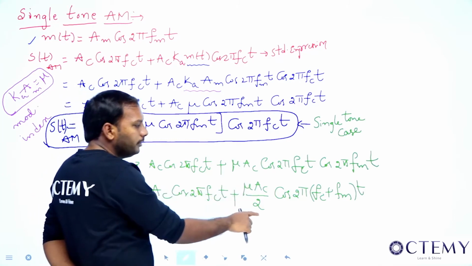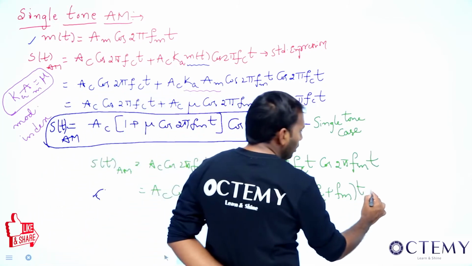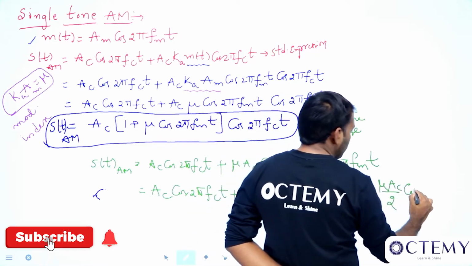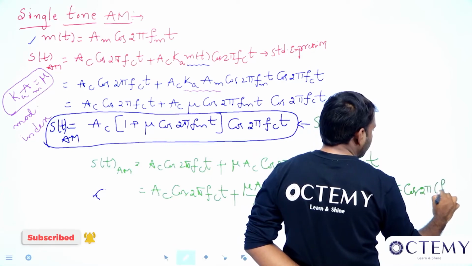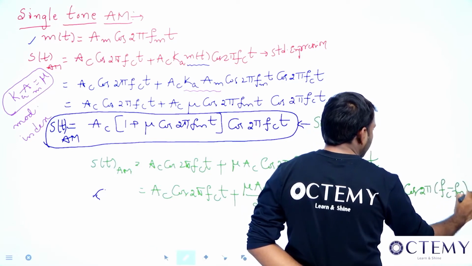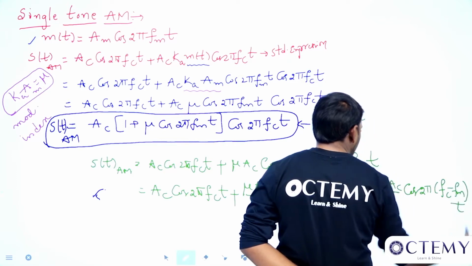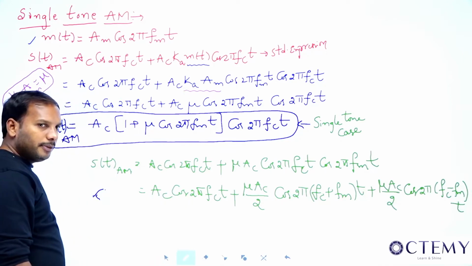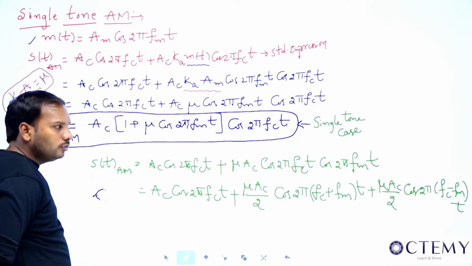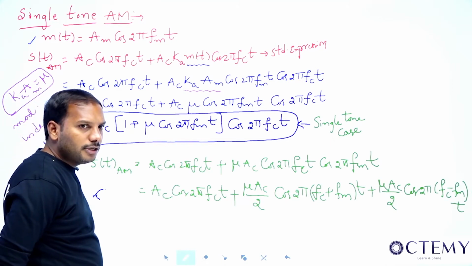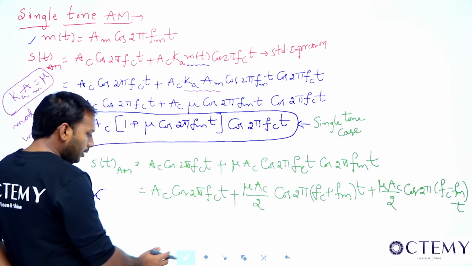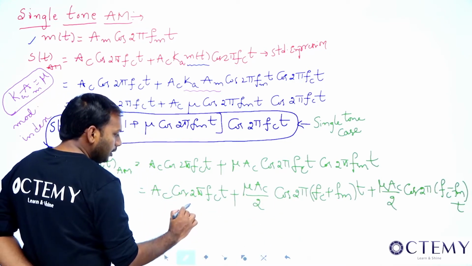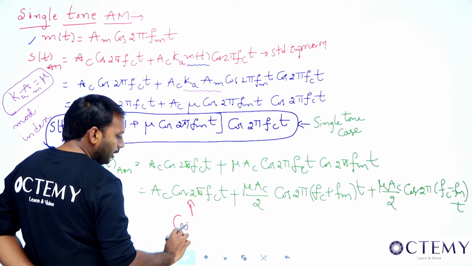So you have mu Ac by 2 cos 2 pi (fc plus fm) t plus mu Ac by 2 cos 2 pi (fc minus fm) t. Now here we clearly understand this one, this is what you can call the carrier component.